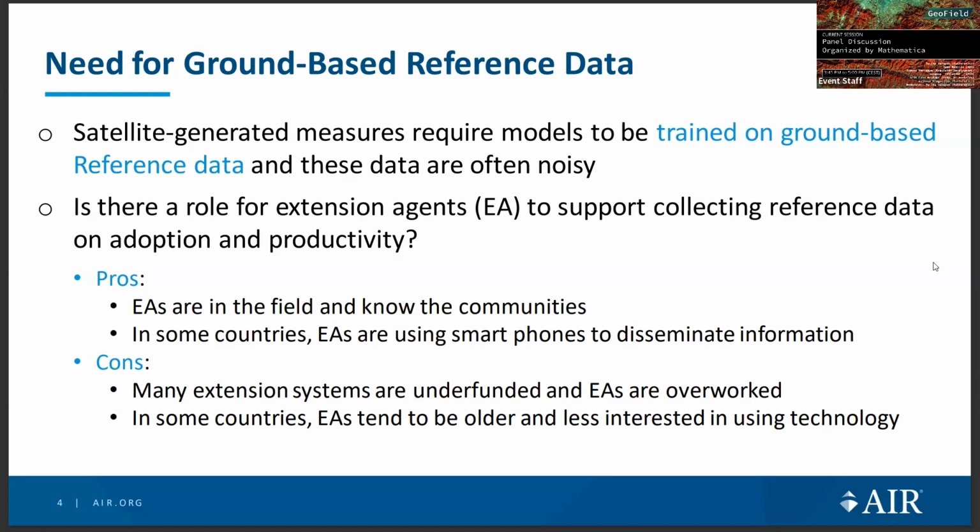So I also see that as a potential limitation to using this type of agents, which would be great because, again, they are there in the field, and they have the knowledge to do a very good crop cut. But at the same time, there are major issues in some of the logistics. So I'm going to stop there and give the floor to Johanne.